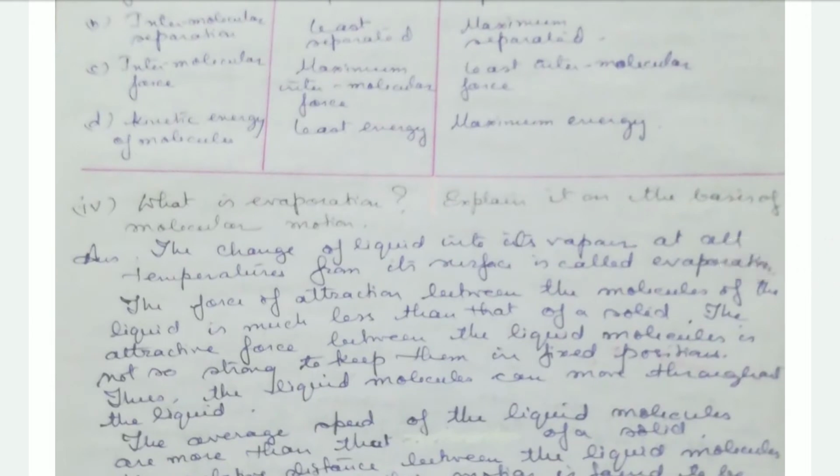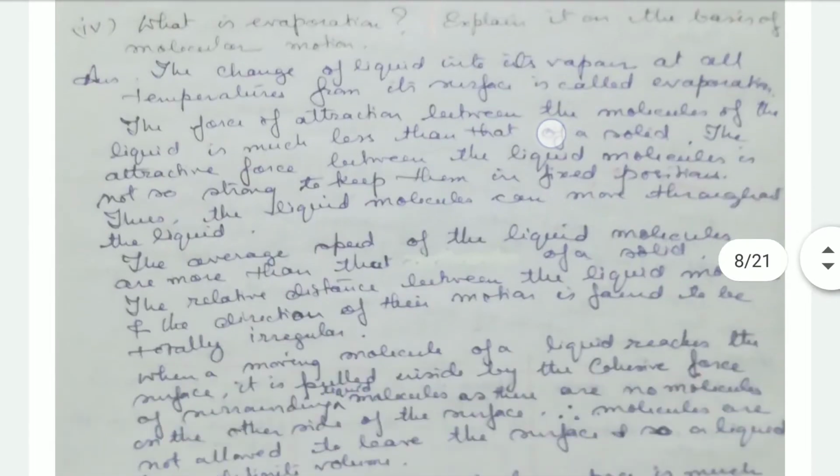Next is what is evaporation, and explain it on the basis of molecular motion. Evaporation is the change of liquid into its vapor at all temperatures from its surface. That is known as evaporation. Now on the basis of molecular motion, the explanation is that the force of attraction between the molecules of the liquid is much less than compared to the solid. So the attractive forces between the liquid molecules are not strong enough to keep them in fixed positions like the solid.